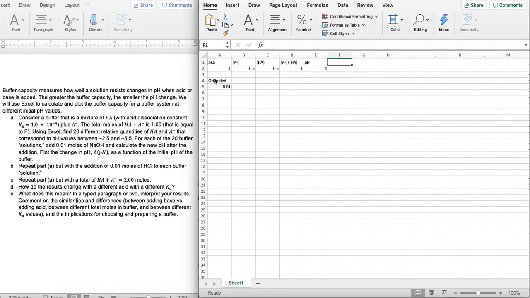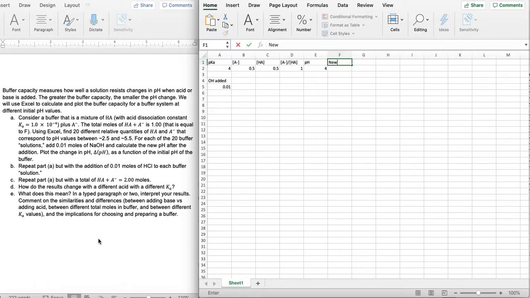Okay, so remember what happens if we add OH. A minus will increase, and HA will decrease. We basically have the strong reaction: HA plus OH goes entirely to A minus.